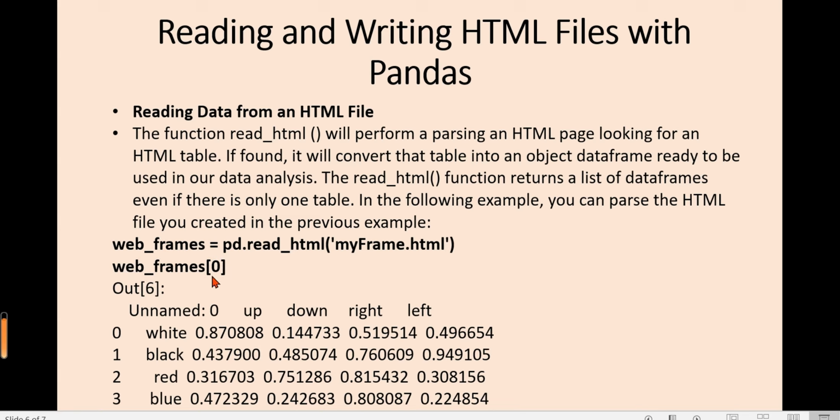Because there is only one data frame here, we write index 0. The result will be like this. The initial index is also created as a column.